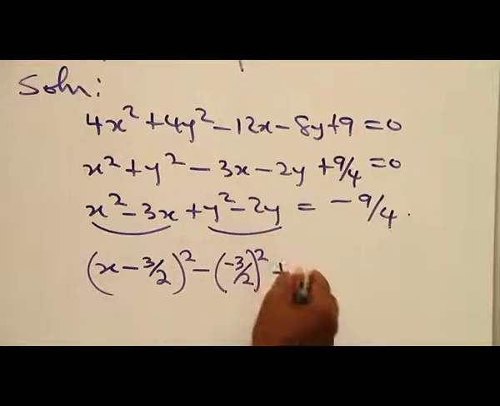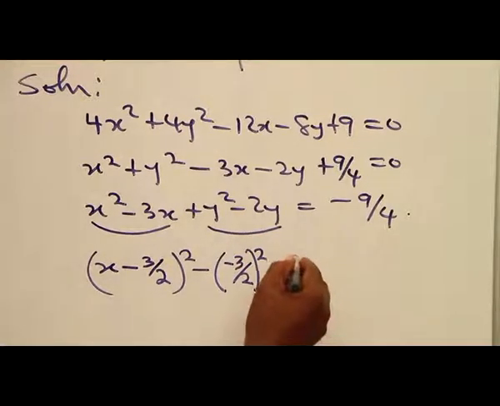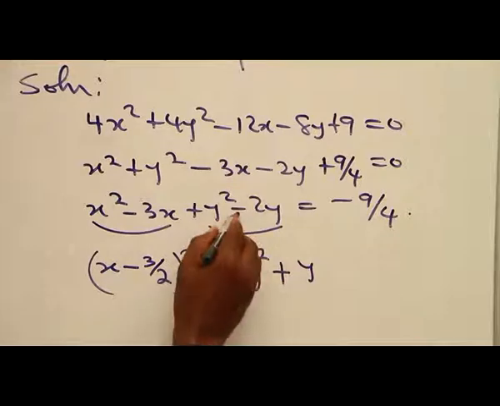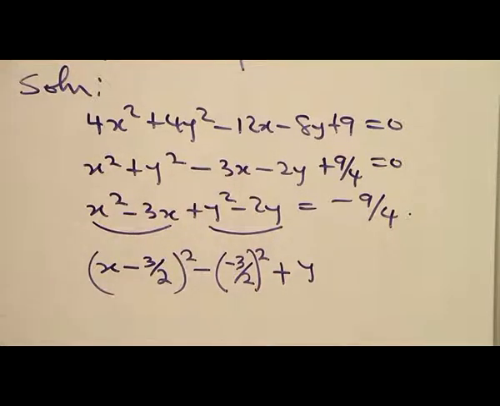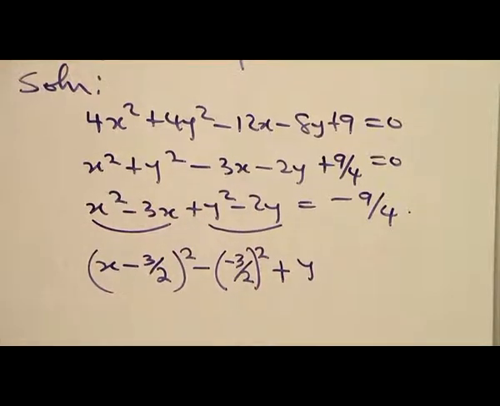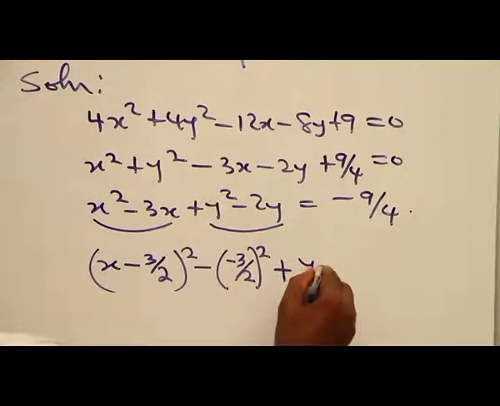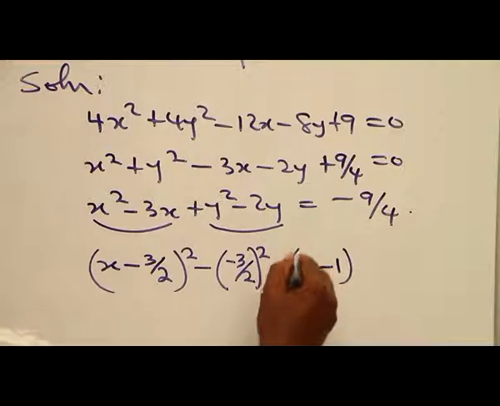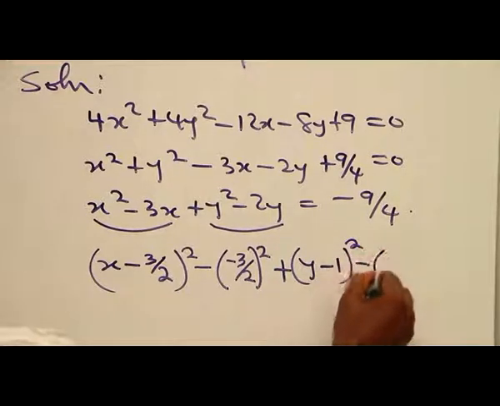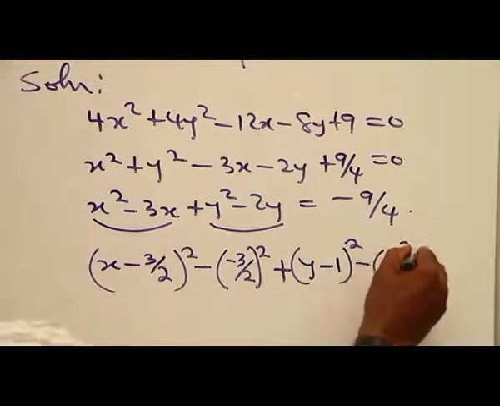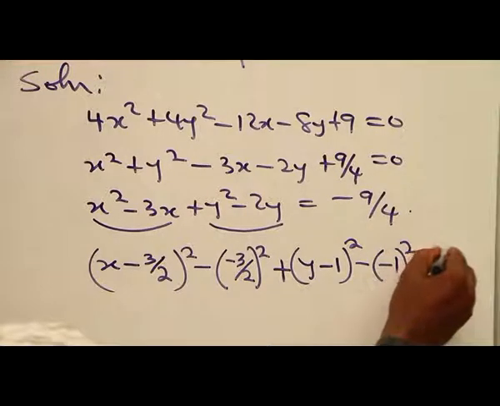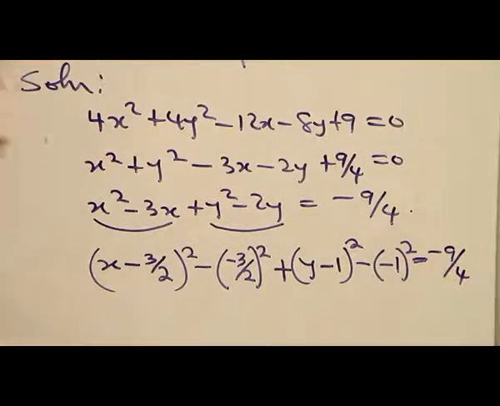We have here y minus 2y, where minus 2 is the coefficient of y. Half of minus 2 is minus 1. So we write y minus 1 all squared, then minus the minus 1 itself squared. Everything will be equal to minus 9 over 4.